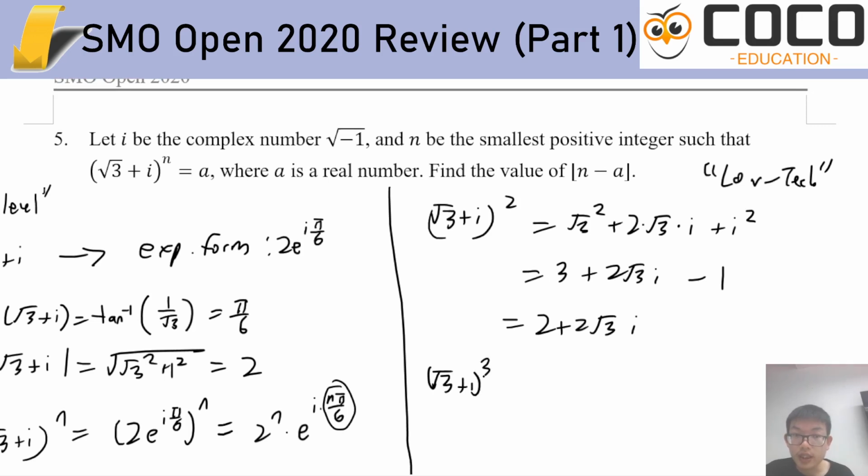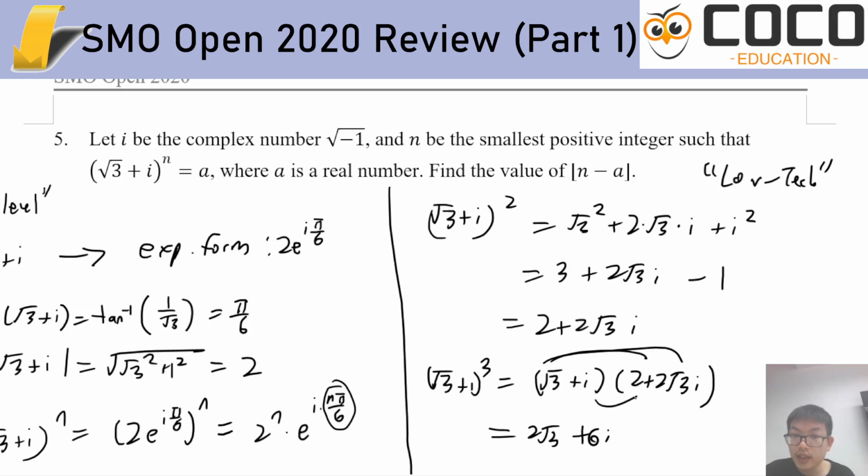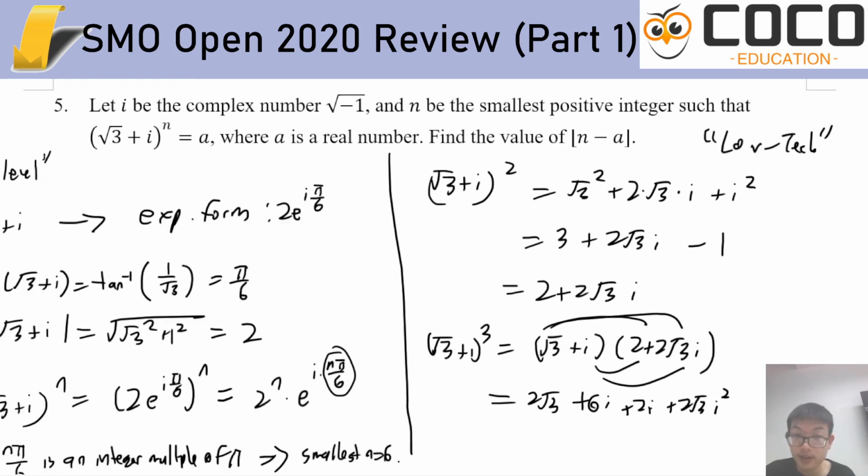So I can cube it by just multiplying root 3 plus i to this again. You get 2 root 3, 6i, 2i, and 2 root 3i squared, which is -1, and therefore cancels out to 8i.